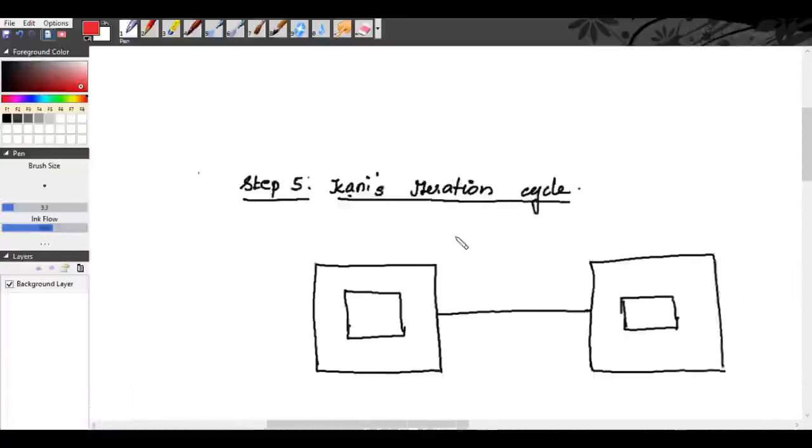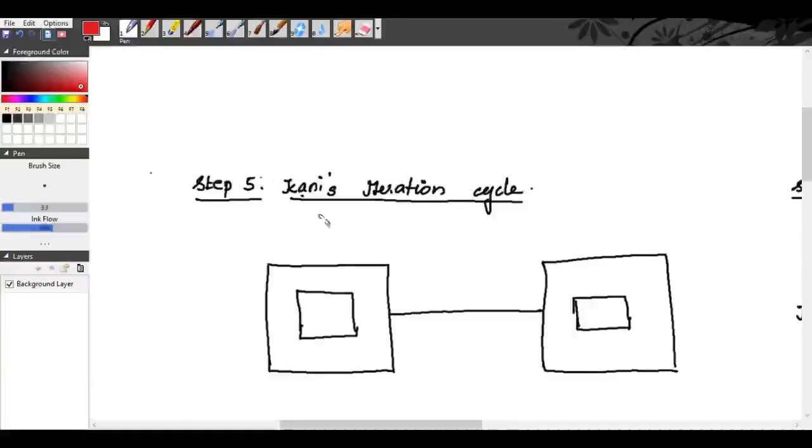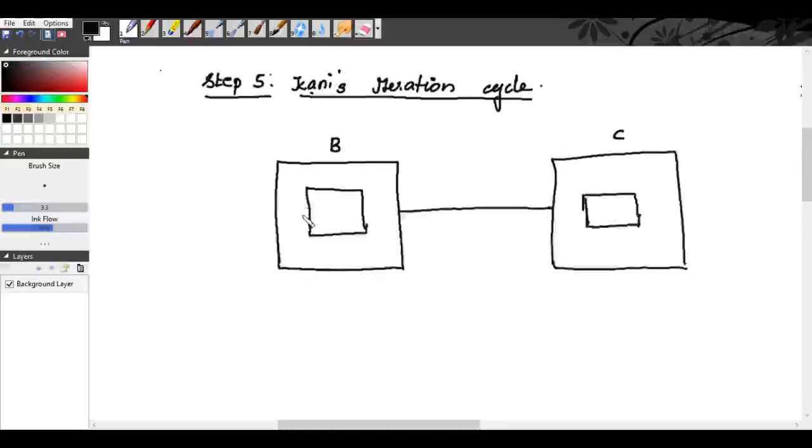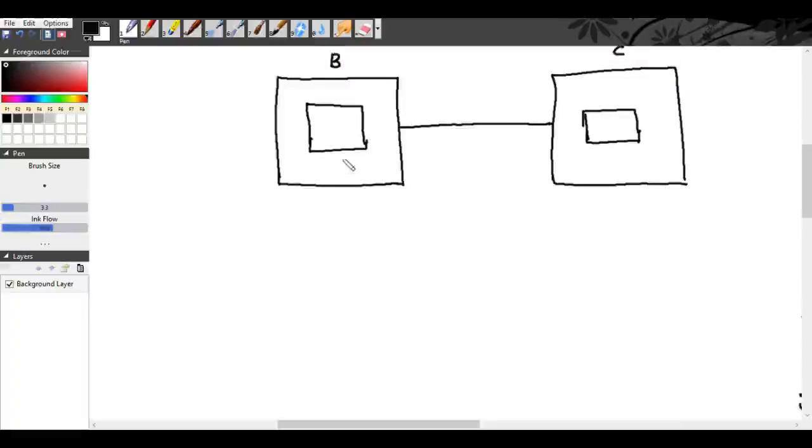So, while drawing the Canny's iteration cycle, we have two joints B and C. So, this is joint B and joint C. We have the columns BA, so this is the column BA, and CD.